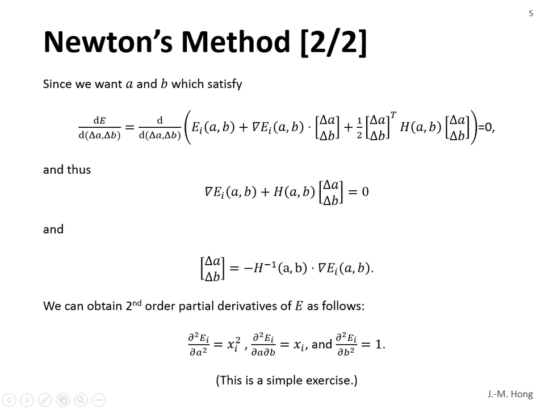A plus delta A is the proper coefficient we want to obtain, and B plus delta B is the B we want. So move this to the right side and use the inverse matrix of this Hessian matrix. Then we can obtain delta A and delta B in an easy way. Right? This looks clear.